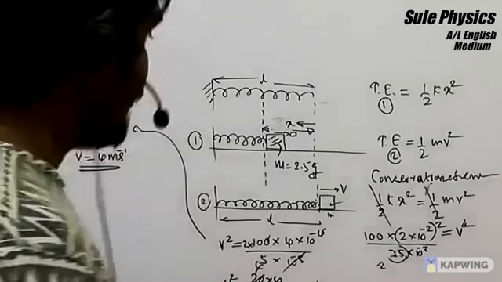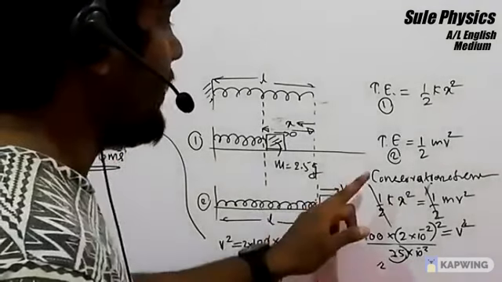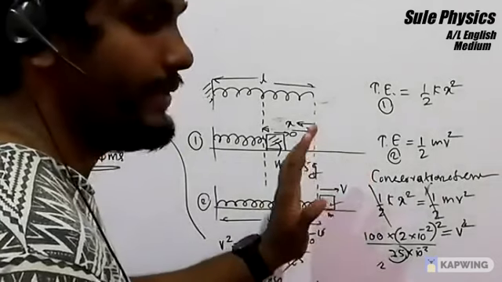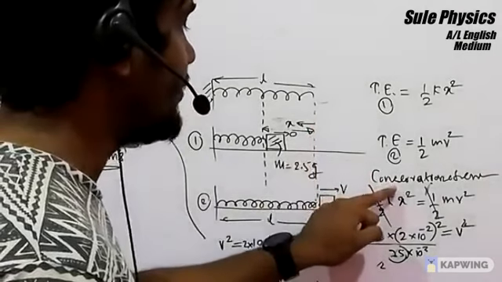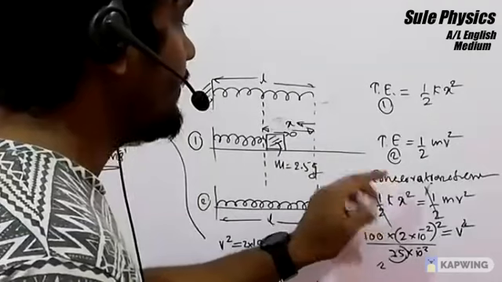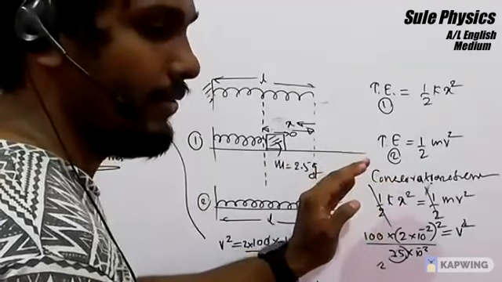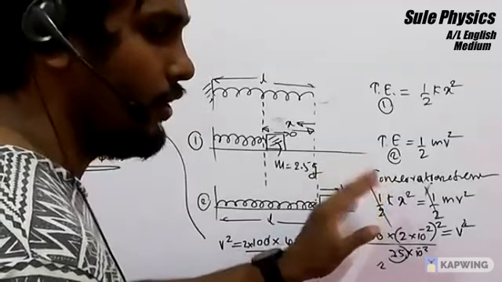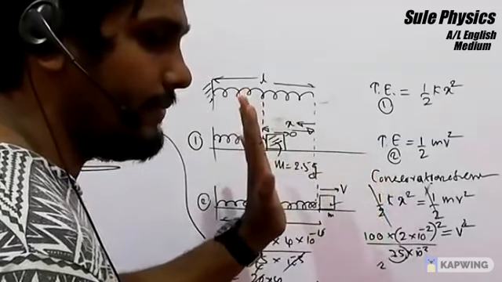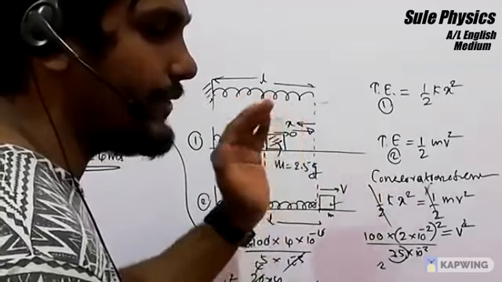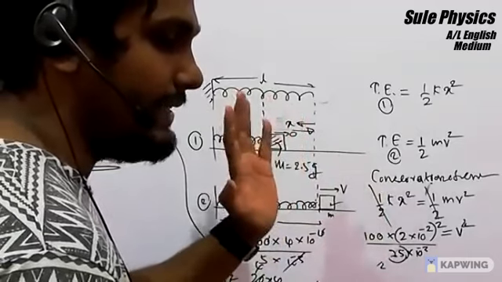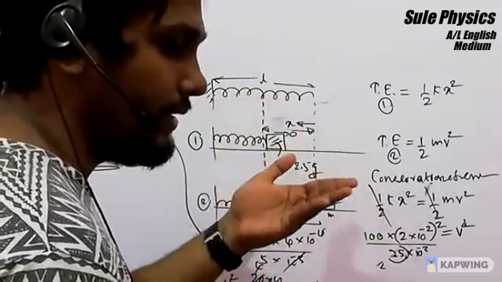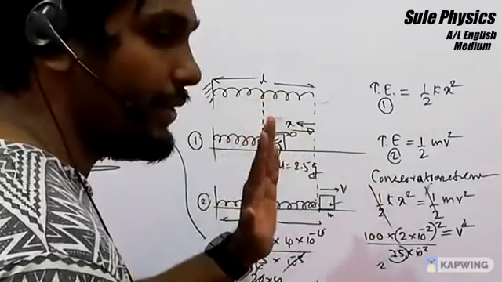So we did nothing actually. What we did, the main concept that we used in this question is conservation of energy. Definitely it's a fundamental law in physics, right? The total energy of a system doesn't change. It is always constant. Energy cannot be destroyed or created.